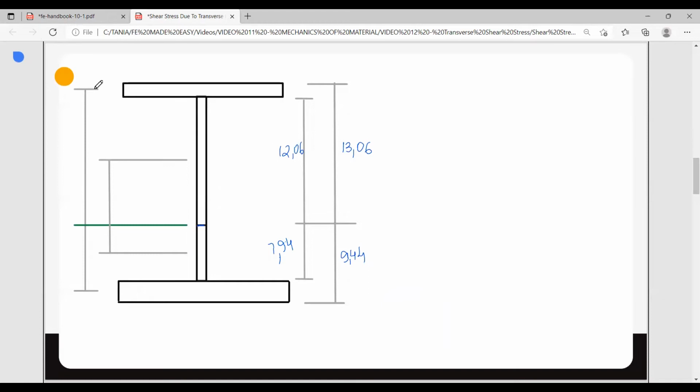Okay, now moving forward, we need a dimension from the neutral axis through to the center of each shape. This one is going to be 13.06 minus half of the flange thickness, so 13.06 minus 0.5, we have 12.56.